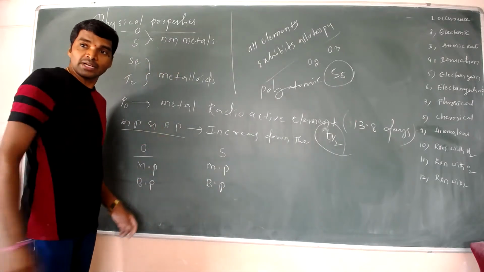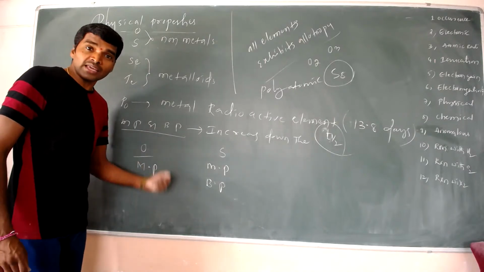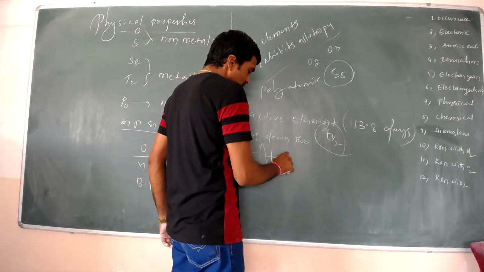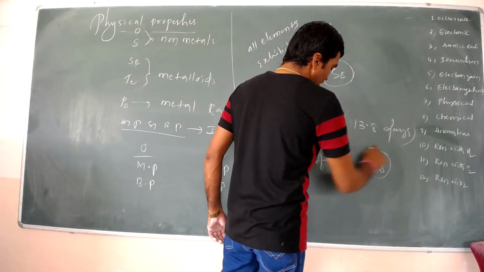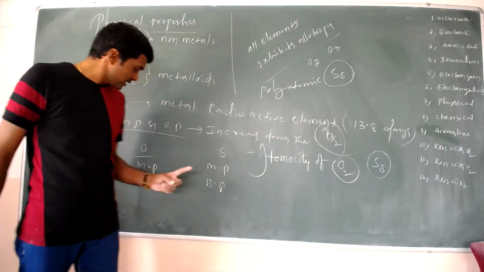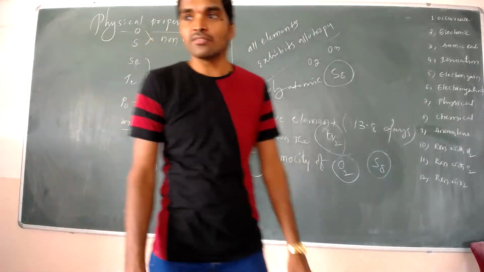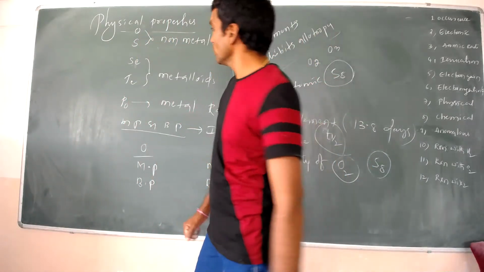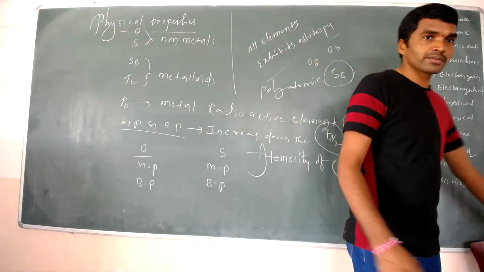The difference is due to the atomicity, oxygen being diatomic and sulfur having S8 molecules. Due to the large difference in atomicity, the melting and boiling points of these two elements differ greatly. So these are some physical properties.